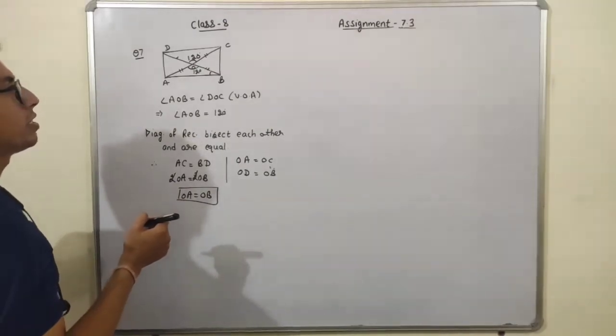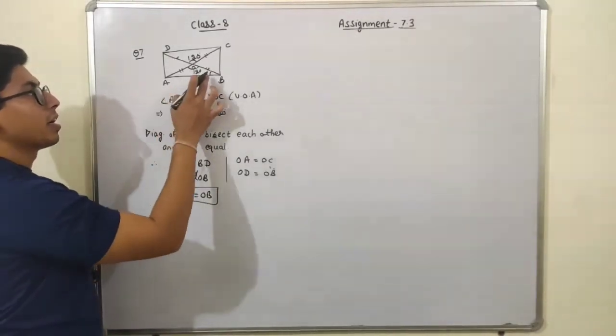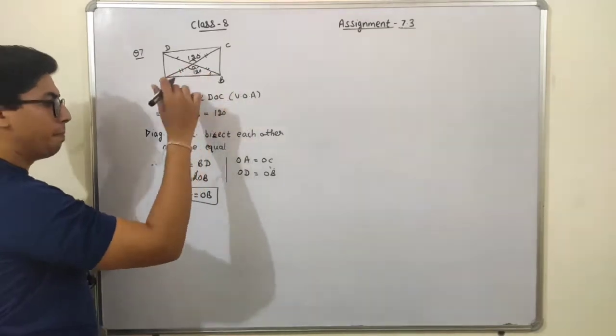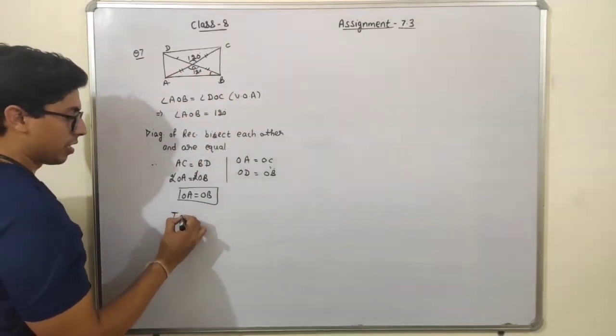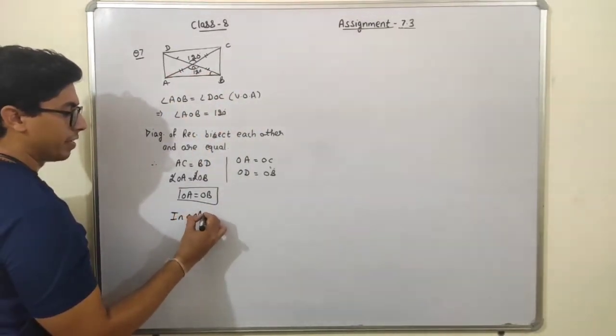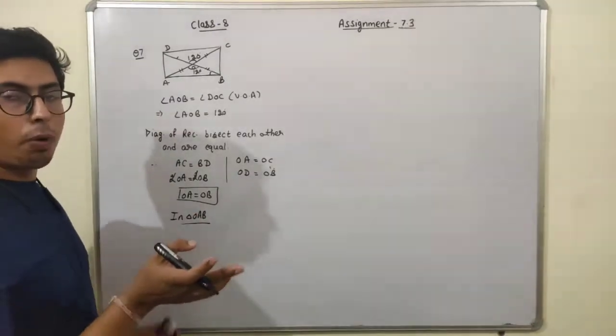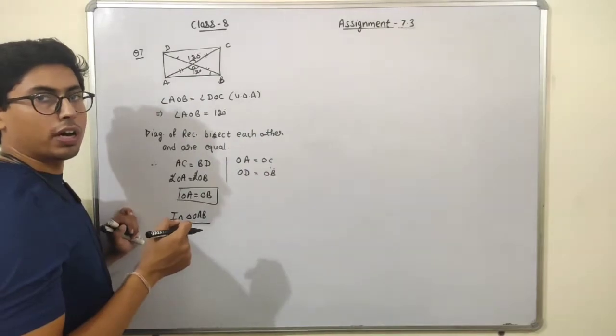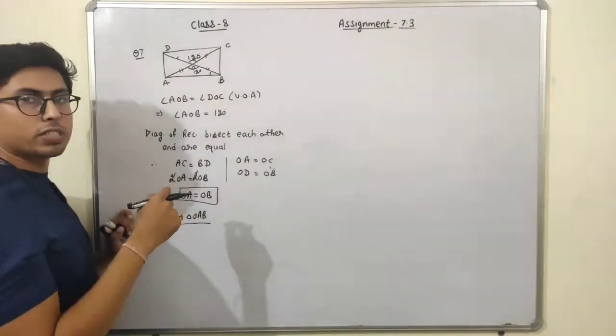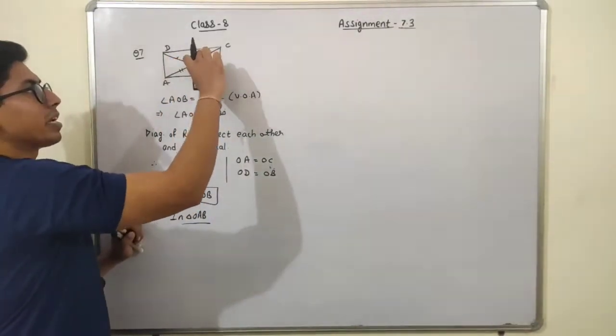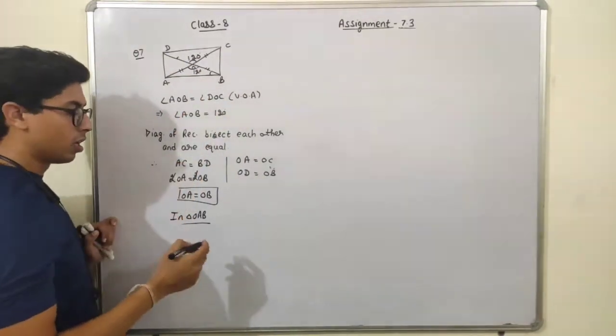Okay, now students, in triangle OAB, I have already discussed this property in the previous questions also, that angles opposite to equal sides are equal. These are the equal sides, so the angles opposite to them will be equal.